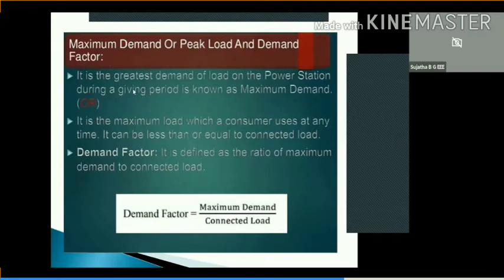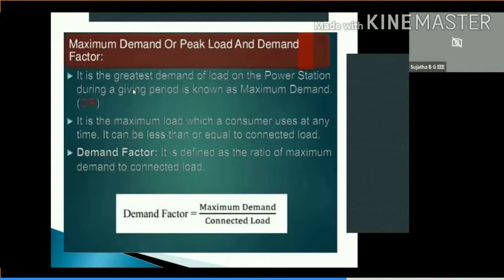See, there are various factors you have to understand. Maximum demand is the greatest demand of load on the power station during a given period. You know that on a power station, during a day, the load is not constant. The load varies, is it not?